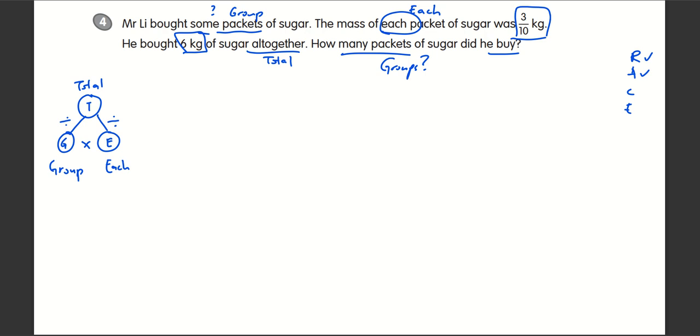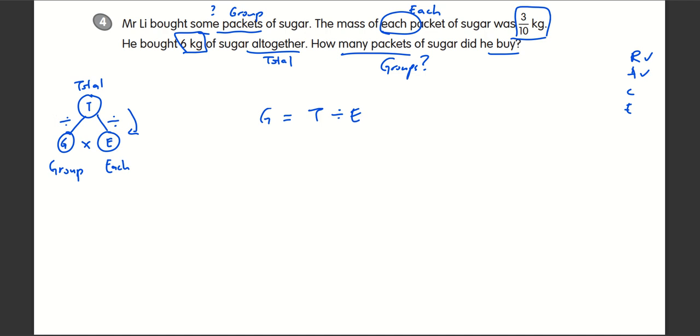So with all this annotation, I'm asking for packets of sugar, so I'm looking for groups. To find group, I'm going to go this way instead: total divide by each. That is the concept that we are looking at.